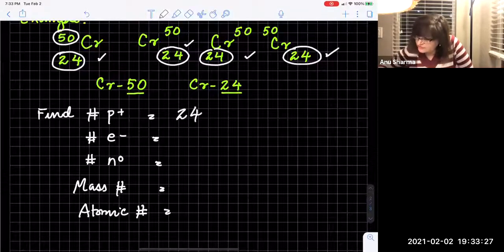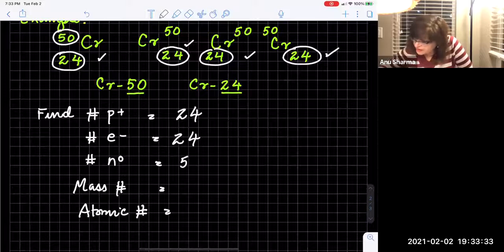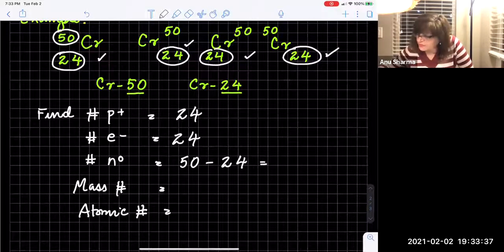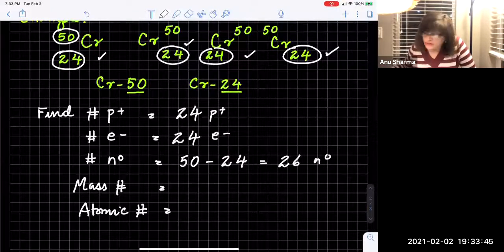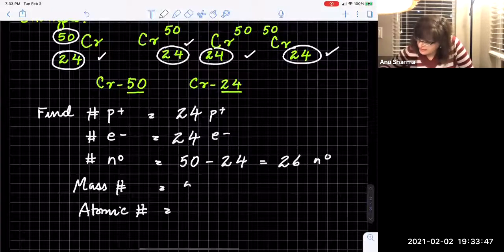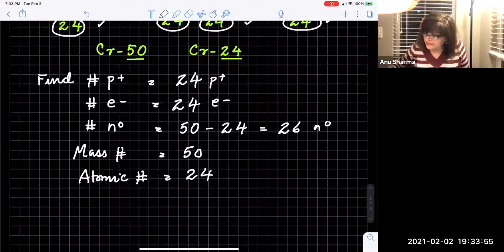Number of electrons, 24. Number of neutrons, 26. Very good. So 50 minus 24, the mass number minus the atomic number, comes out to be 26. That's protons, electrons, and neutrons. Now what is the mass number? 50. And the atomic number? 24. Very good. This type of question can be asked on the exams.